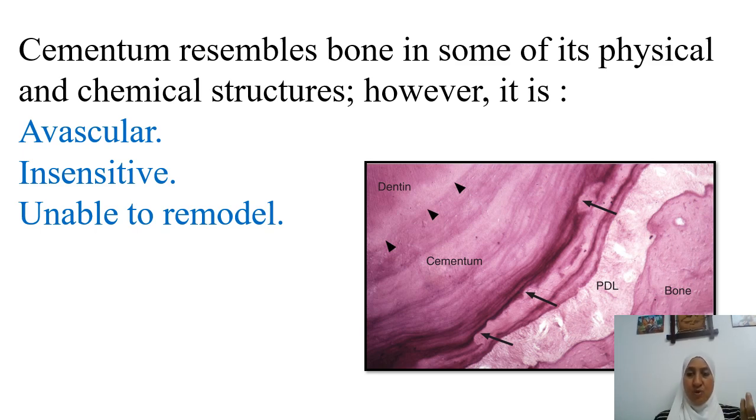Remodeling means we have resorption accompanied with formation, but cementum is avascular, so the cementum won't show any remodeling. And as I said, any resorption in the cementum due to infection, extreme pressure, or any fracture in the cementum is so difficult to heal or repair.